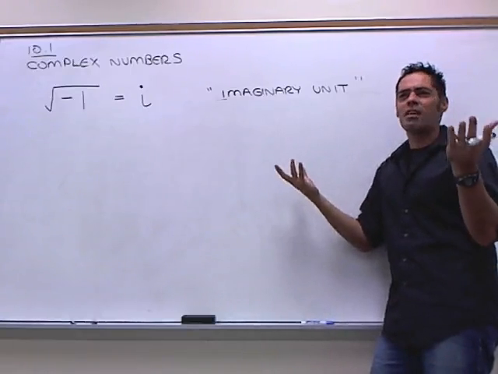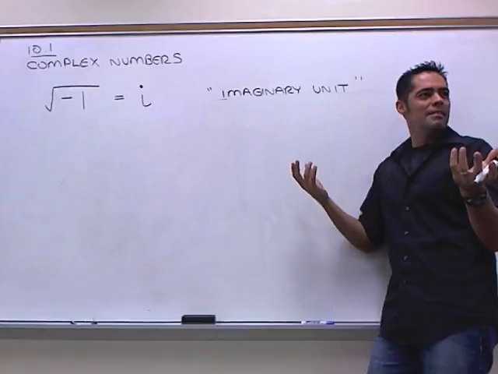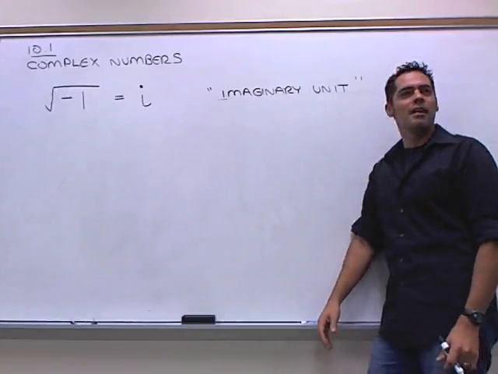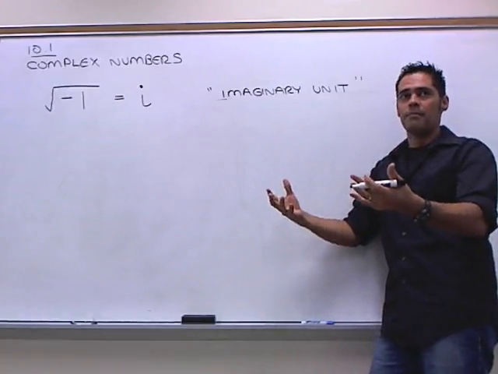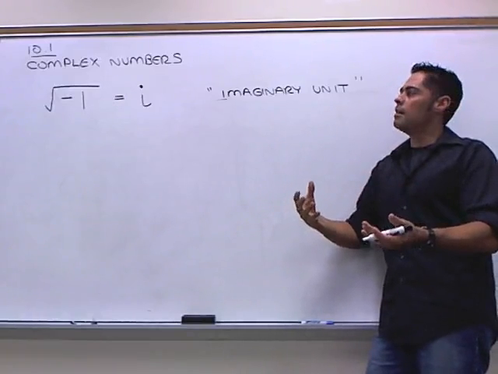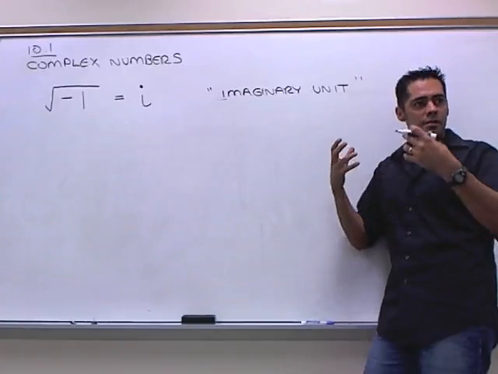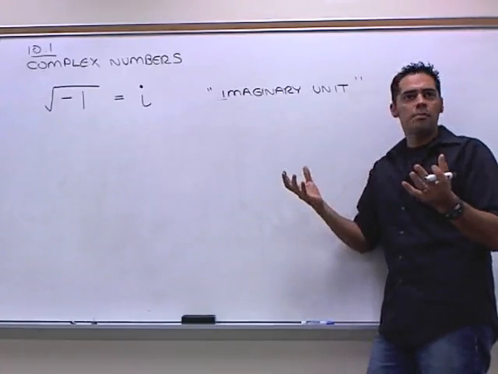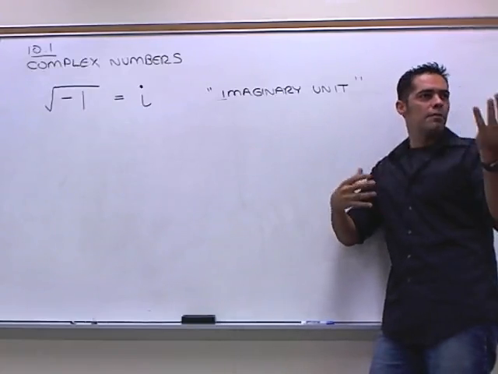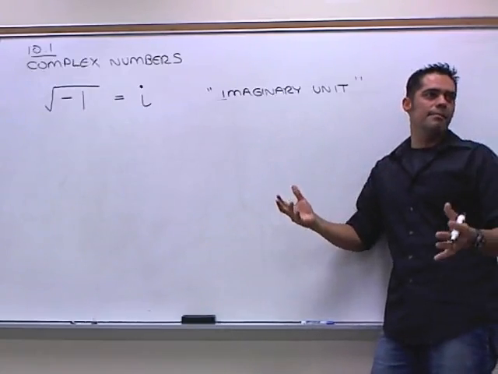See, it's absurd to talk about imaginary friends, right? I mean, it's absurd to talk about imaginary numbers, and that's the way it was looked at for a long time. And then later on, it was proven that the imaginary numbers exist and that they are as valuable as the numbers 1, 2, 3, 4, the numbers that you deal with all the time, all right?